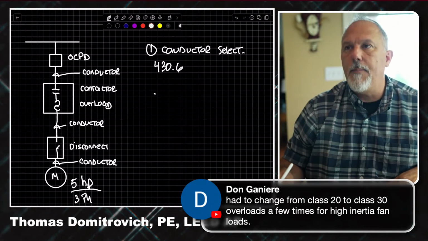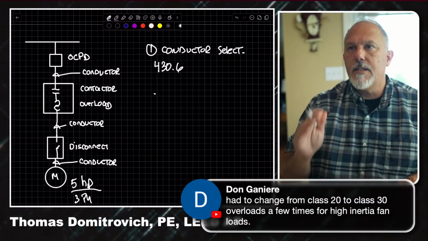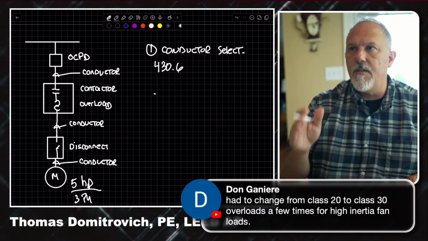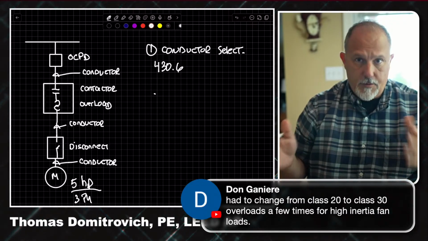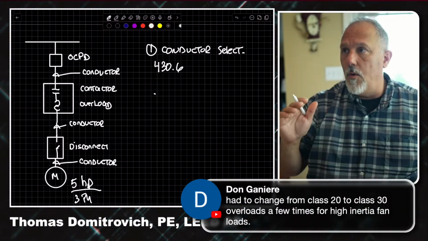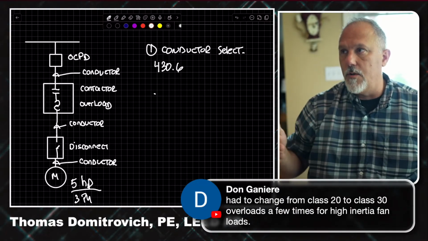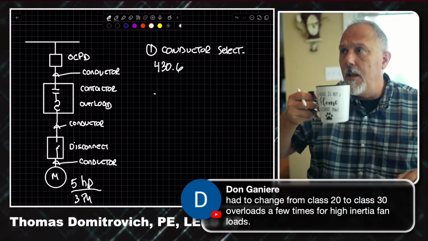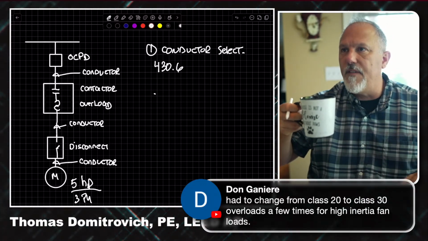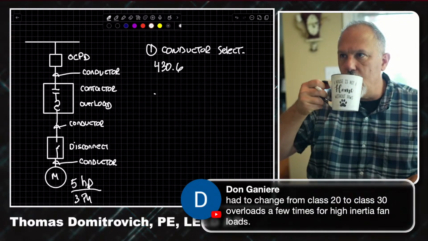This is our conductor ampacity and motor rating. The size of conductors supplying equipment covered by this article shall be selected from the ampacity tables in 310.15 or calculated in accordance with 310.14(B). Makes sense. I can either calculate my ampacity or use flexible cord. I'm not going to worry about flex cord. That's in Article 400.